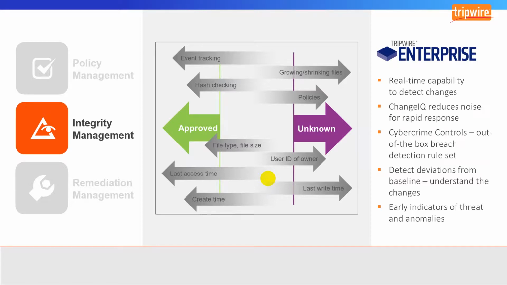And Tripwire is the only solution that gives you these two modules built in, inside one software. Sometimes an organization says, yes, I have my own tool to send me reports about the percentages of compliance. That's fine. But when someone has changed this file and it's not approved, it's an unknown change.